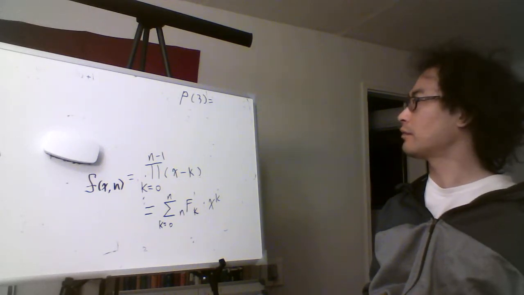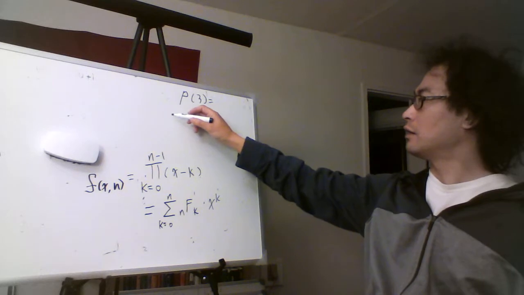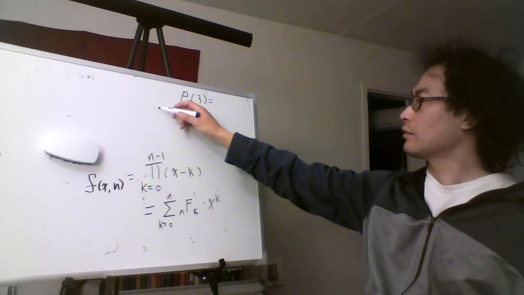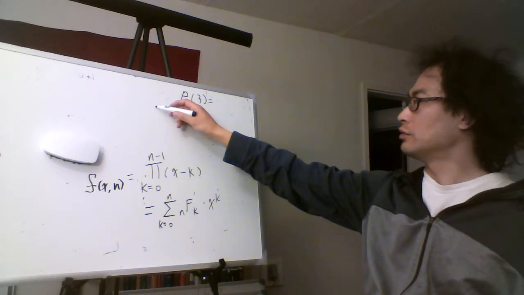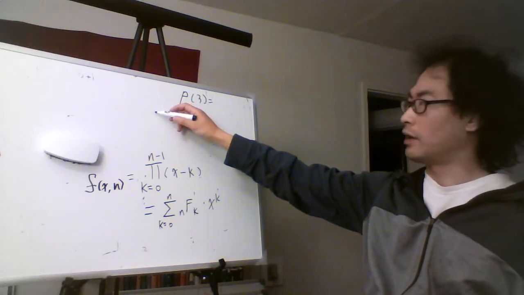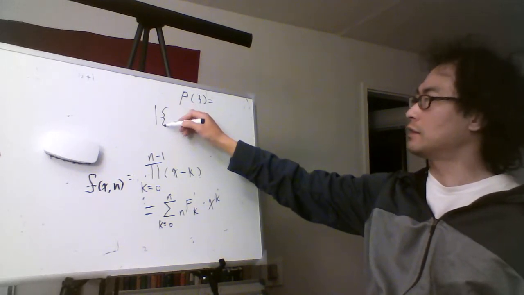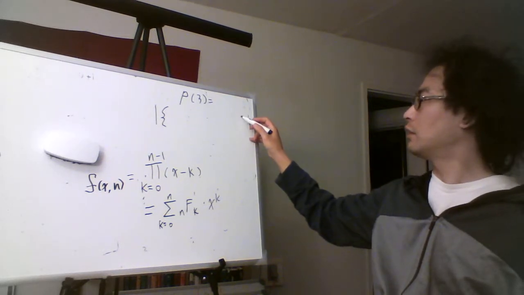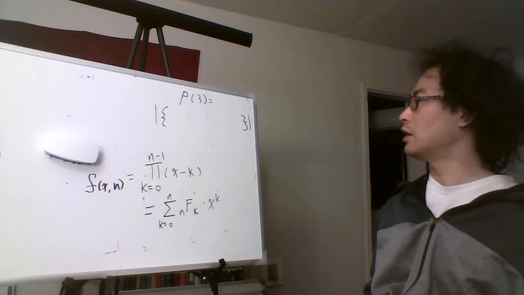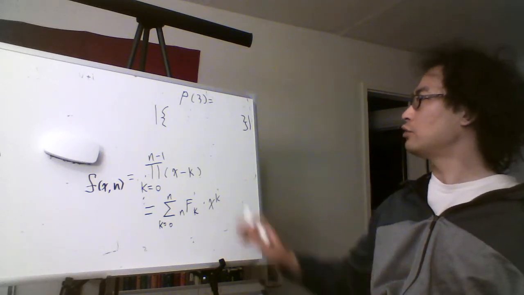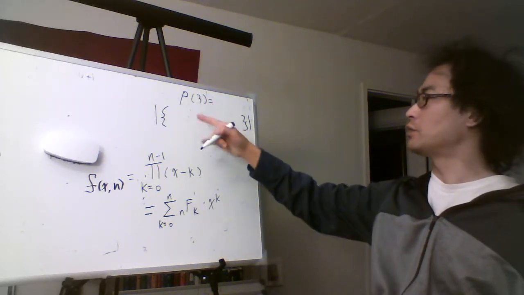It's the absolute value of the set where each element is a way to express three in terms of addition.